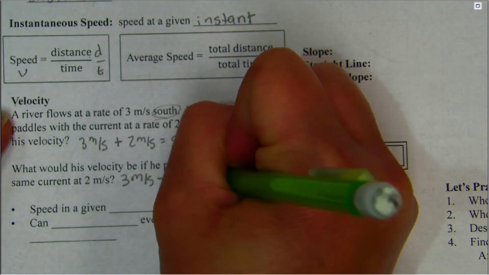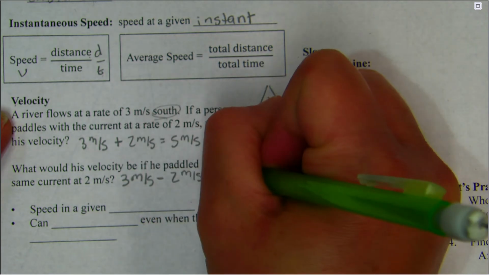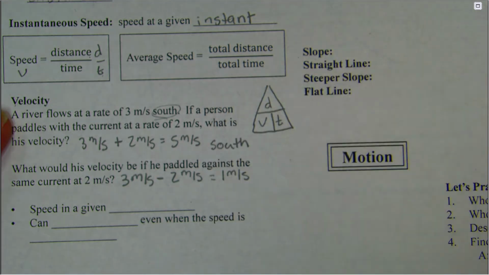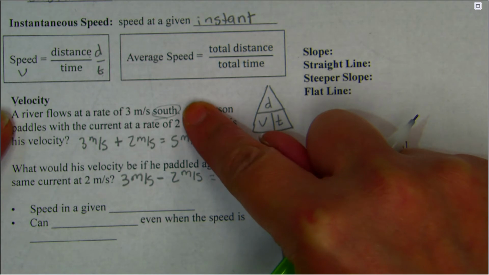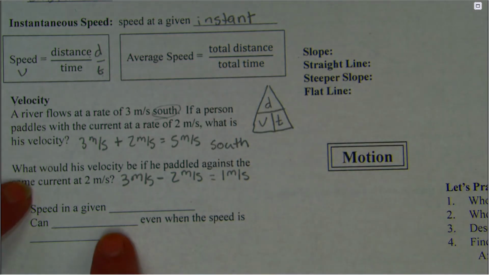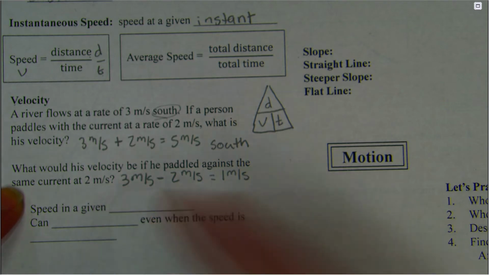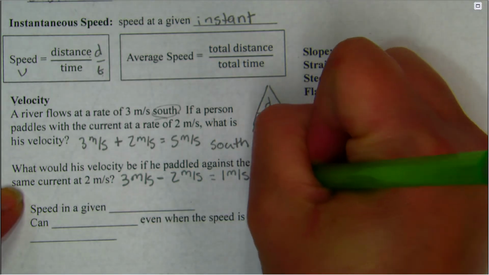So in this case, his velocity going home is 1 meter per second. And he was traveling south going, and now he's going home, so he's going to be traveling north.